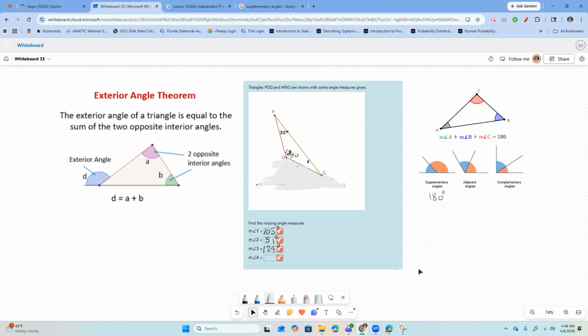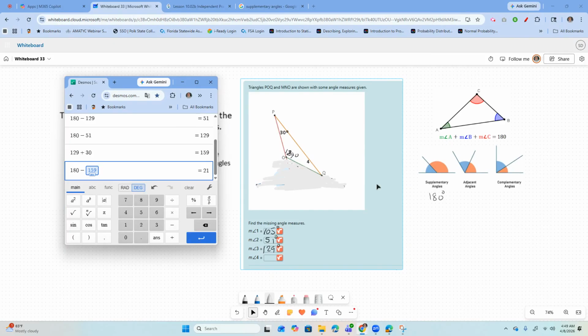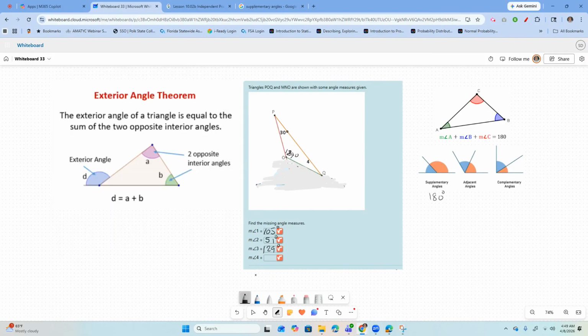That's the triangle sum theorem. So take your calculator. Let's add the 2 angles that you have. So 129 plus 30. And subtract that from 180 because all 3 angles together gives you 180 degrees. So angle number 4 is going to be 21 degrees.